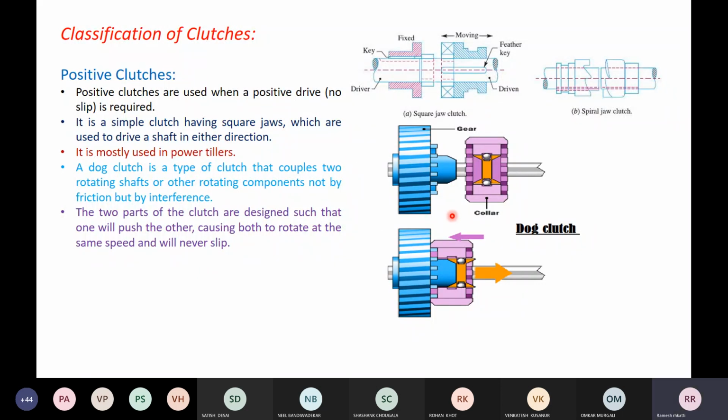And in this dog clutch, this dog clutch is a type of clutch that couples two rotating shafts. Here you can see that it couples two rotating shafts, one is the driving and this is the driven. A dog clutch couples two rotating shafts or other rotating components, not by friction but by interference.